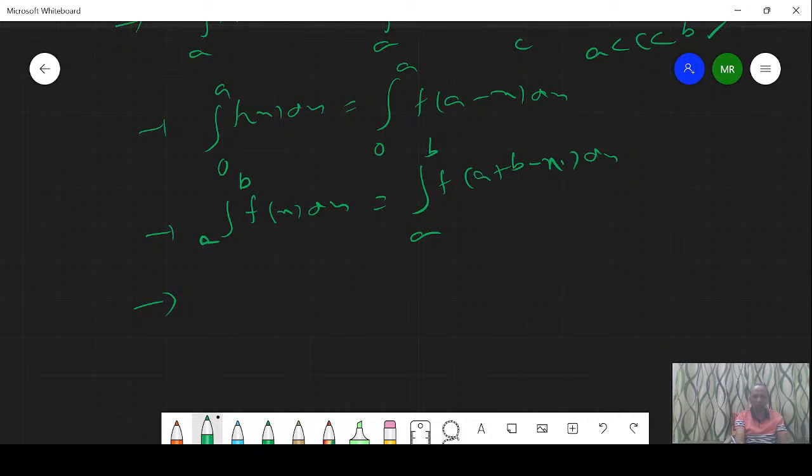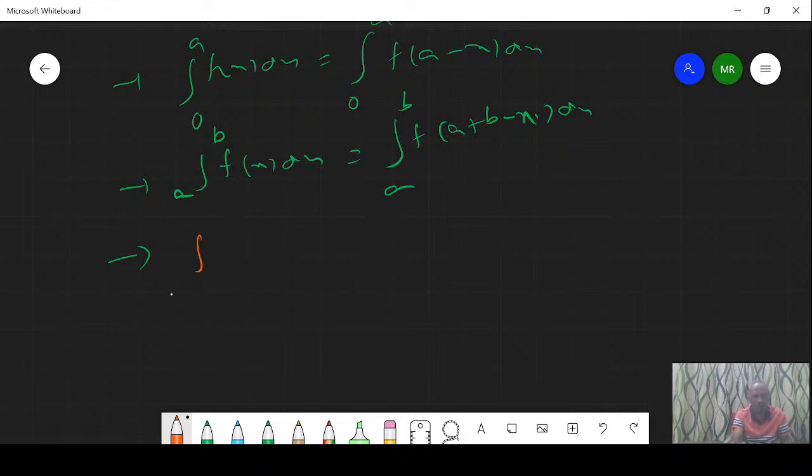Another one is related to even and odd functions. When the integral is from minus a to a, remember that integral minus a to a f of x dx is always equal to integral 0 to a of f of x plus f of minus x dx.